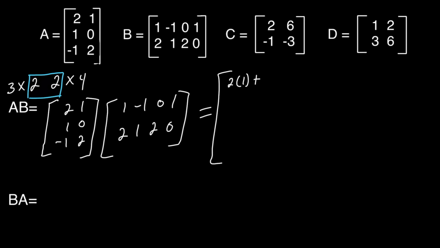Now we're going to move over to the next number and go to the next number in our column. 1 times 2. All right, so we finished that first column. We've got 3 more to go. So what's 2 times negative 1? And then we're going to go 1 times 1.